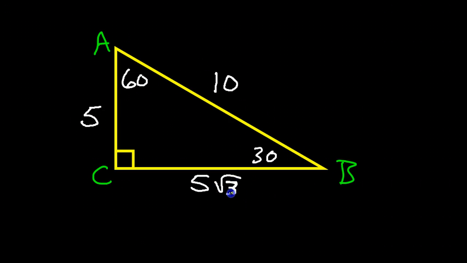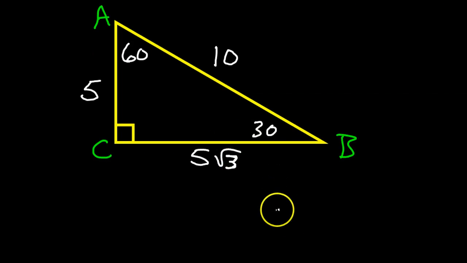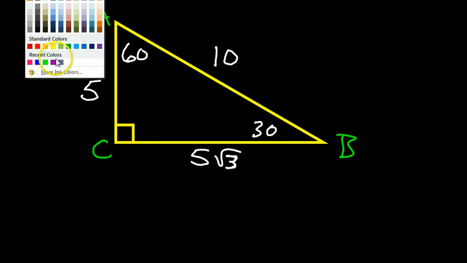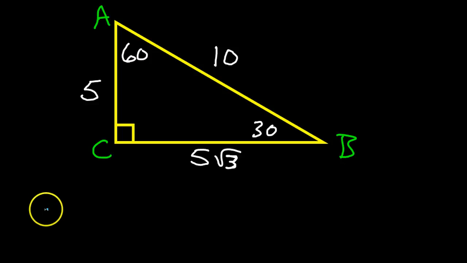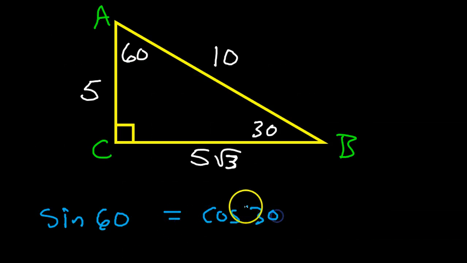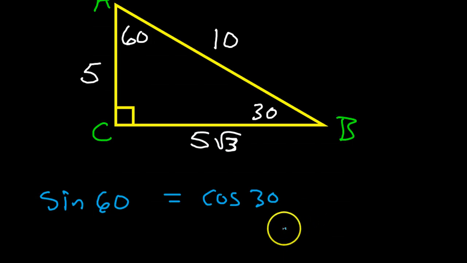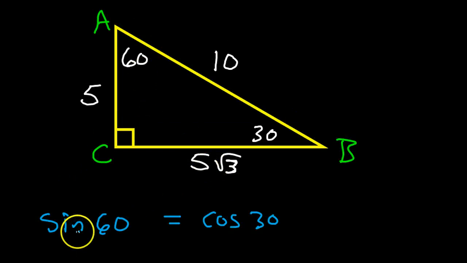Okay, let's play around with this for a second. Now, I am claiming to you, my friends, that the sine of one angle, like say it's 60, is going to equal the cosine of the other angle, say 30. Now, is that true? So let's see, what would be the sine of 60? The sine is opposite leg over the hypotenuse.